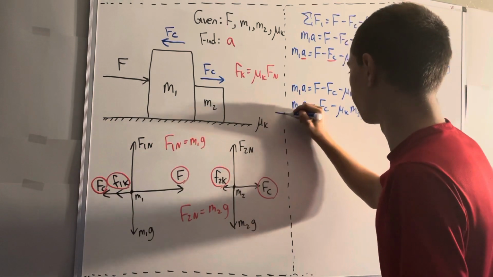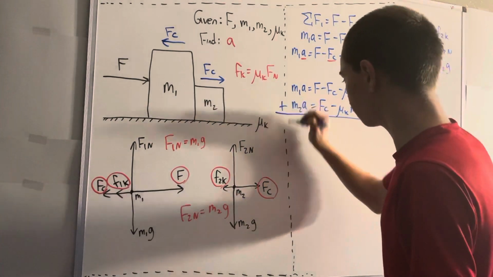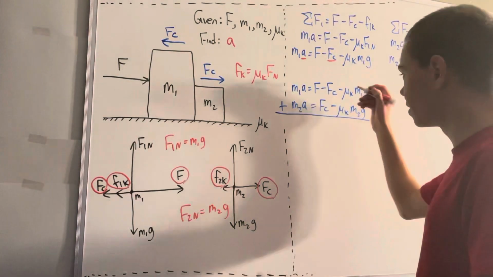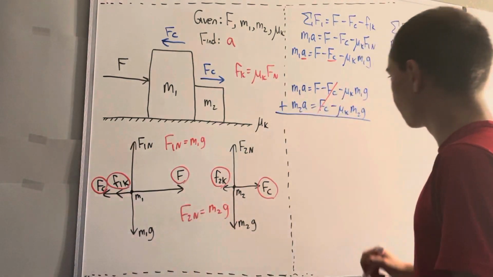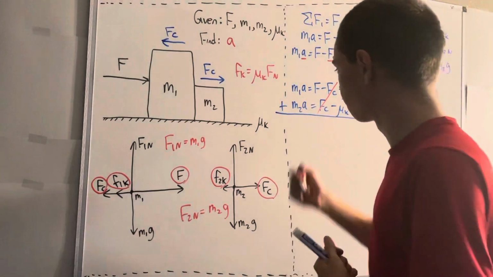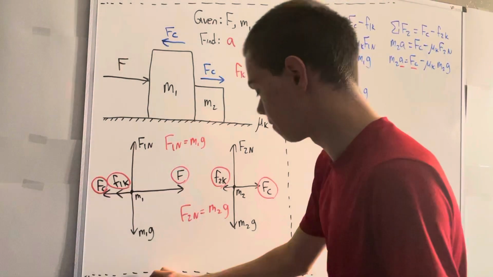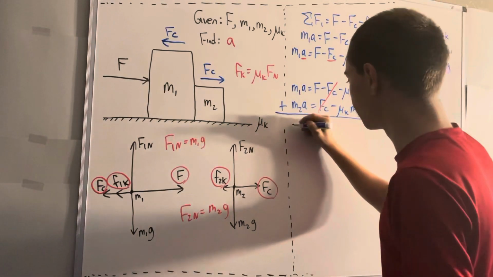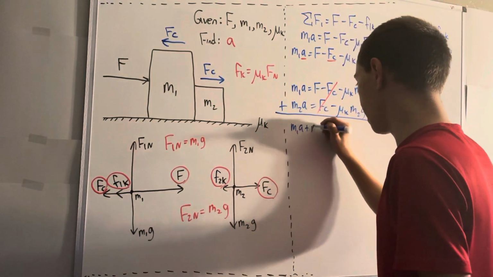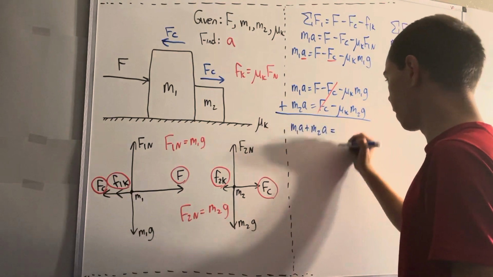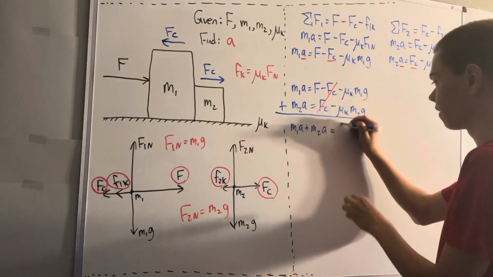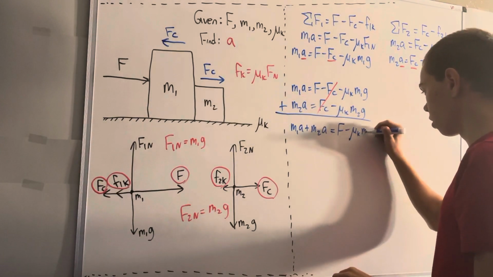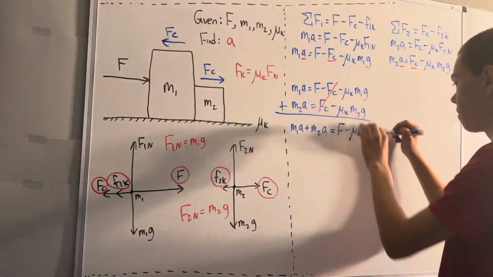We're adding these equations together, and notice how contact force cancels out, and we can now solve for acceleration. Adding the left side of the equation, we get m1a plus m2a. And for the right side, we get F minus mu k m1g minus mu k m2g.